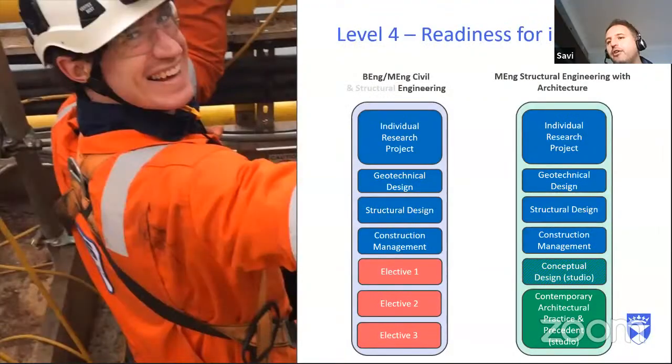So in level 4, imagine that some of you will finish your course in level 4, so we need to make you ready for the industry. These applications that we were doing in level 3 become more advanced. First of all, you have an individual research project. Basically you pick a supervisor, one of us, it can be me, it can be one of the colleagues that you've seen in the initial picture.